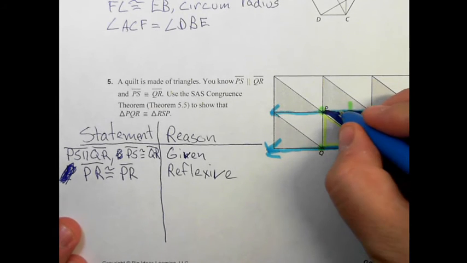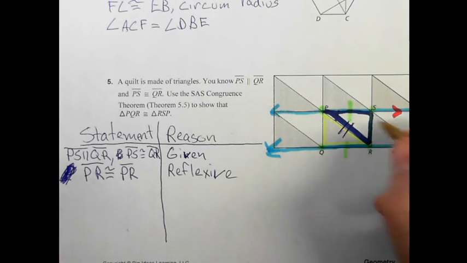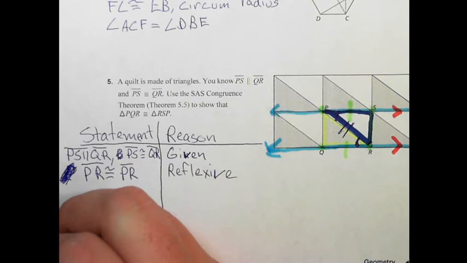Okay, so now the angles that I need to prove really need to be, I need to prove this angle. I need to prove that this angle is congruent to this angle. So how do I do that?